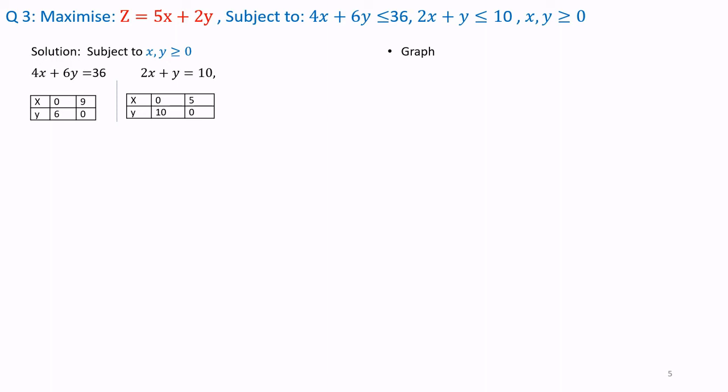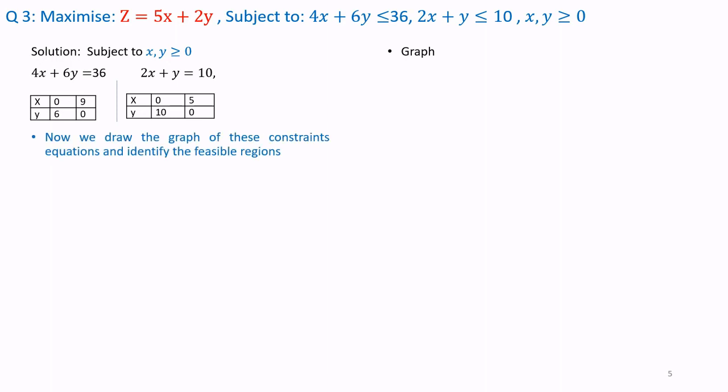When we put y is equal to 0, the equation becomes 2x is equal to 10, or x is equal to 10 by 2, that is equal to 5. So for the second equation also we have got two coordinates. The first coordinate is 0, 10 and the second coordinate is 5, 0.